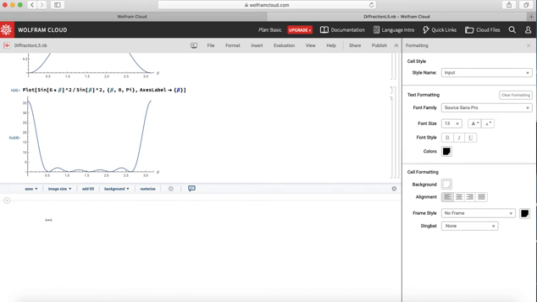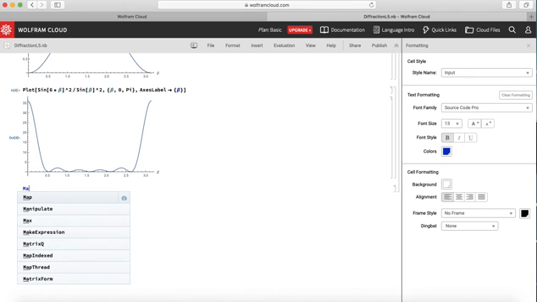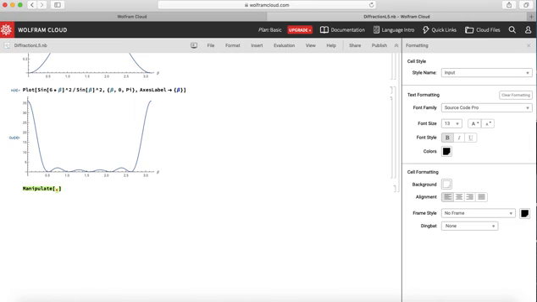There is another very nice command in Mathematica which we can use, where we can change or manipulate the parameters. For that I will use Manipulate, and I will use again the Plot.